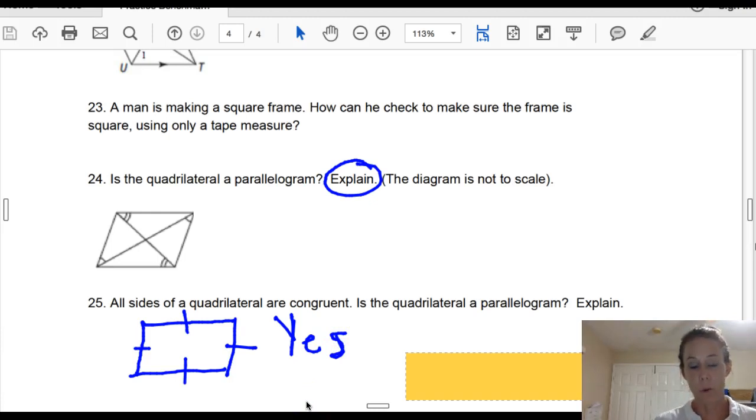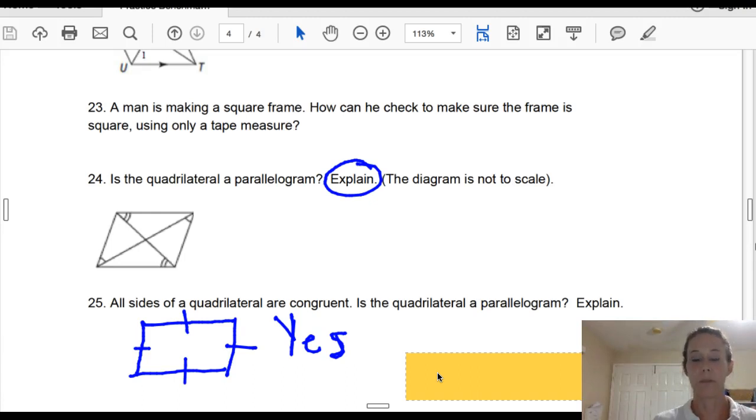If both sets of opposite sides are congruent, you have a parallelogram. So I would say yes, and this is why. If both pairs of opposite sides are congruent, then the quadrilateral is a parallelogram.